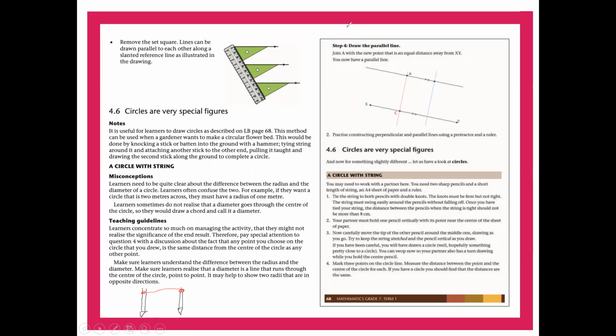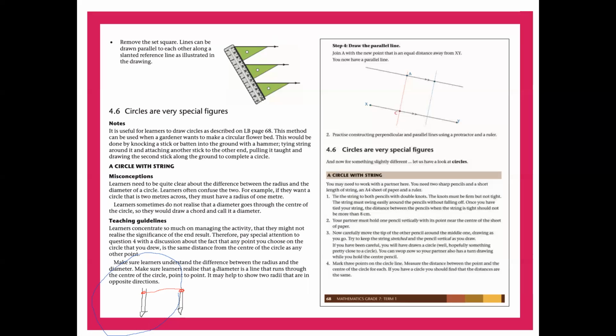Then you keep the one pencil fixed on your piece of paper, stretch the string as far as possible, and move the other pencil around, and it should form a circle. You keep the one pencil in the middle and move the other one around by keeping the string stretched the whole time.